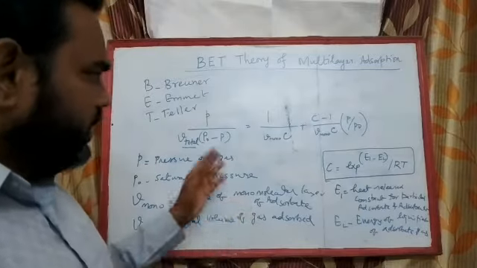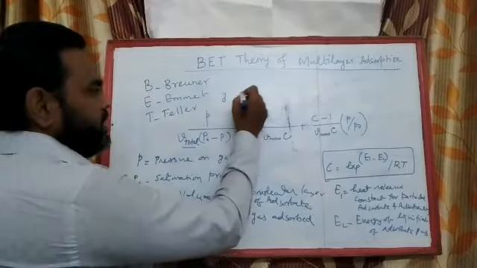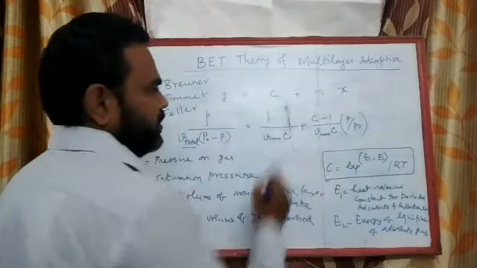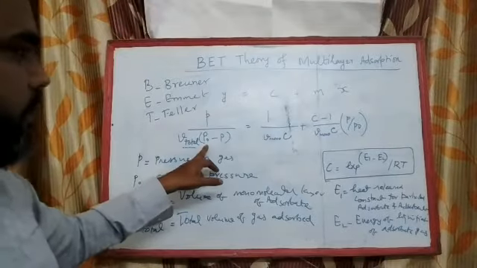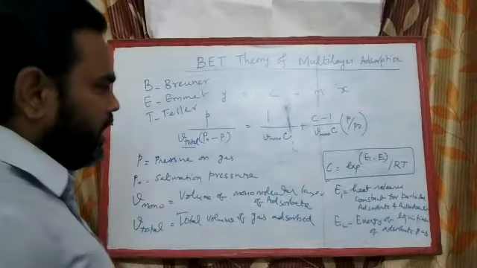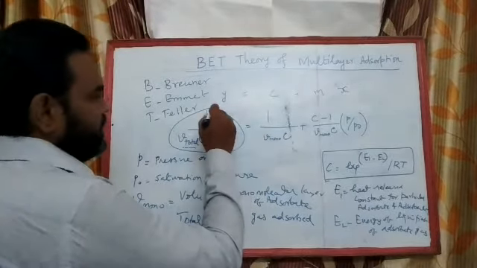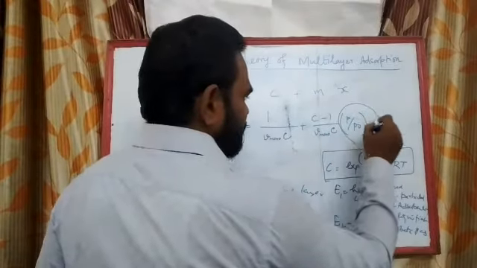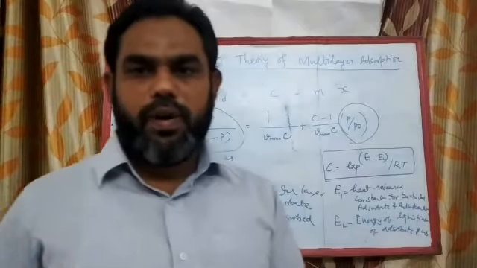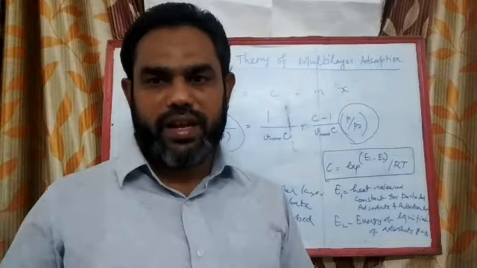So this equation looks more or less similar to an equation of a straight line. Okay, you can find this y is equal to mx plus c. Okay, and if you assume this on the y-axis and this on the x-axis, you can plot. Okay, by plotting this y and x-axis, you will get a straight line.